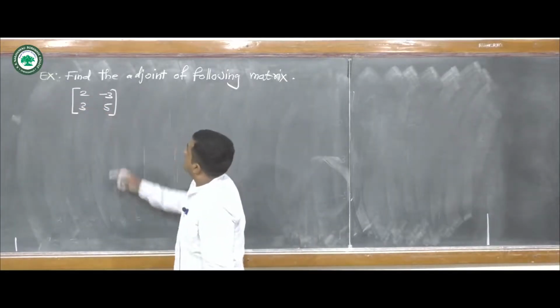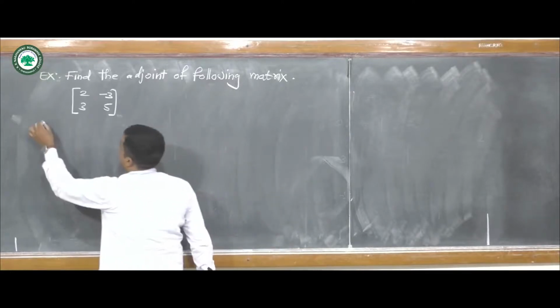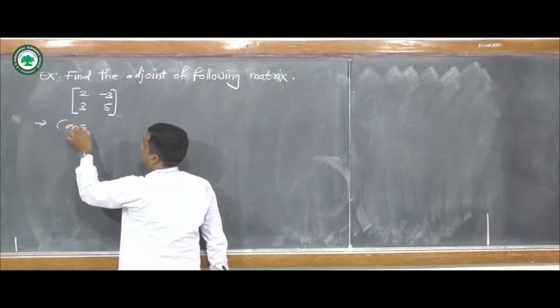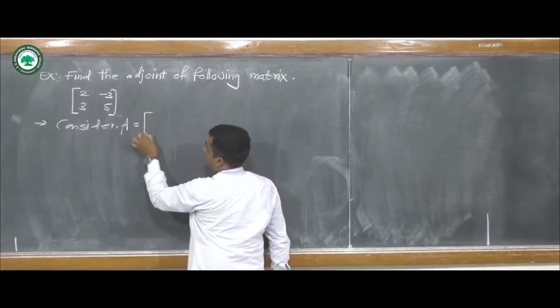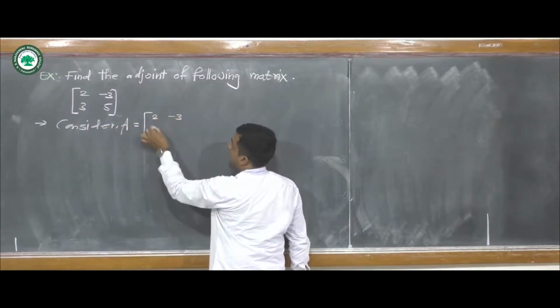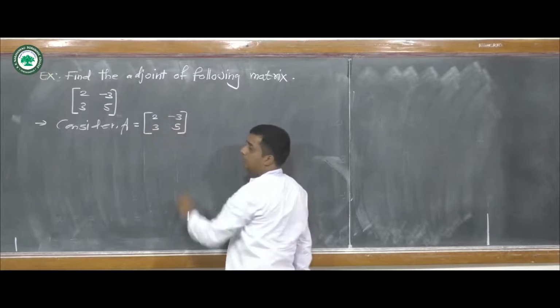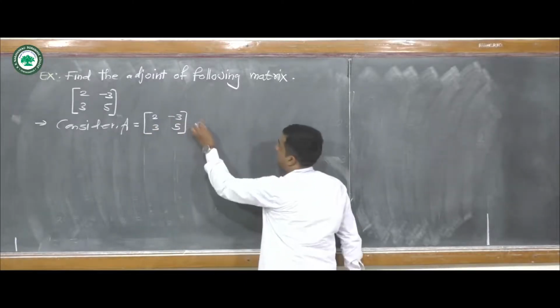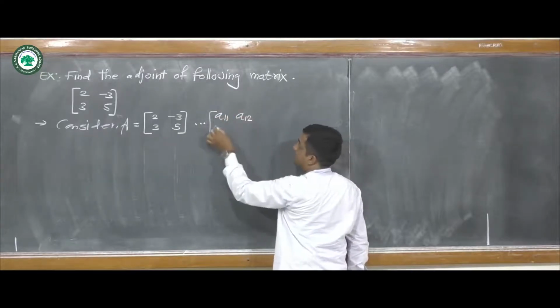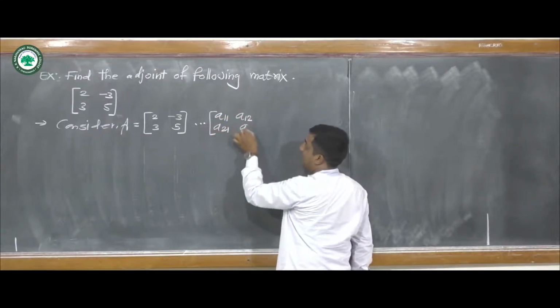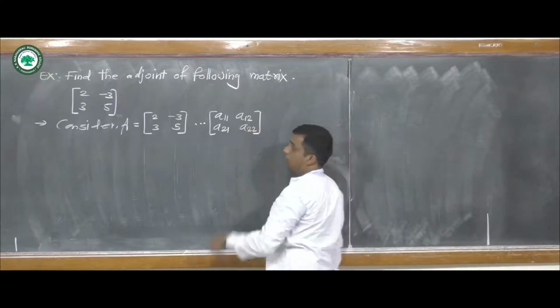We consider this matrix as A first. Consider A, and this A is equal to the matrix having elements 2, -3, 3, 5. We know this is in the form of the matrix having elements A11, A12, A21, A22.